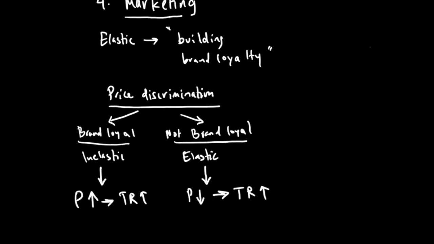A good example of this would be, in the market which is not brand loyal, you could do something like a promotional discount, lower the prices so that you can attract them. While in the brand loyal market, you don't need to give any discount, so you don't give one. Similarly, like rush hours versus off rush hours.